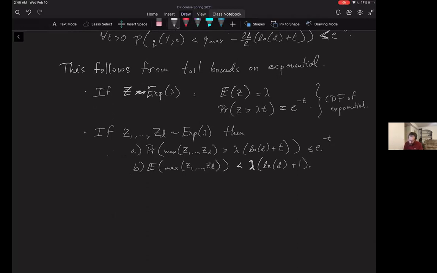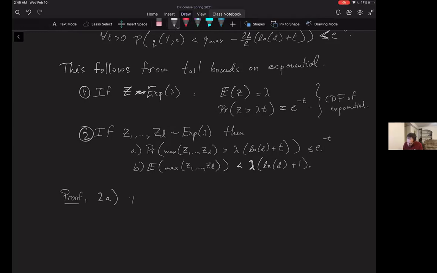I'll prove the second statement just because I think the technique can be useful for lots of other problems. So let's call this part 1, part 2. So let's prove 2a.